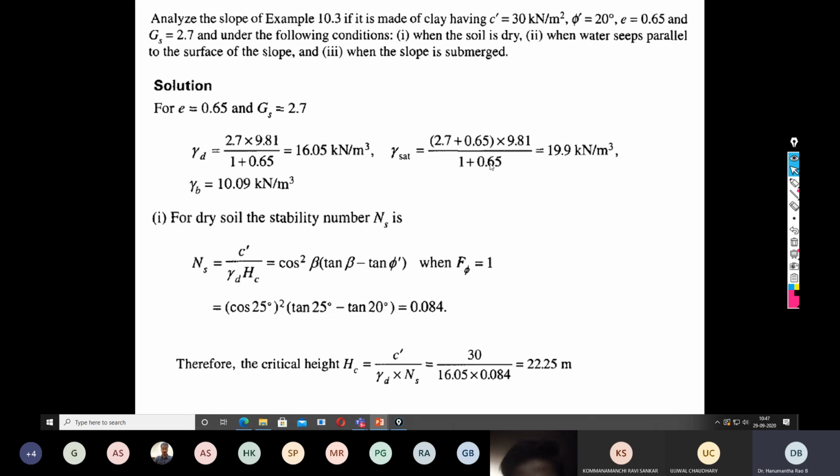Then gamma sat is (G plus e) by 1 plus e into gamma w. Then gamma submerged is gamma sat minus gamma w.